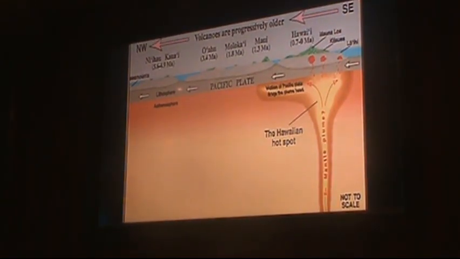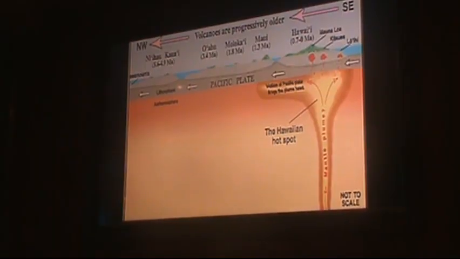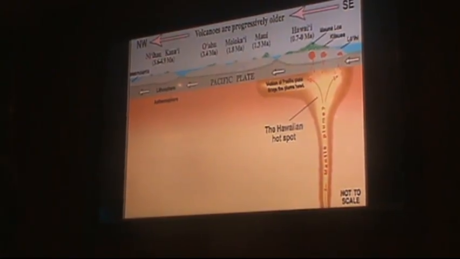So here's what's happened. This is a little out of focus, but you can still see, we have what's called a hot spot, smack dab in the middle of the Pacific Plate. And what happens every now and then is that this hot spot will find a weak place in the crust, and it will poke through with that magma that we were just talking about. And it'll spurt up that magma, and that magma will create an island.